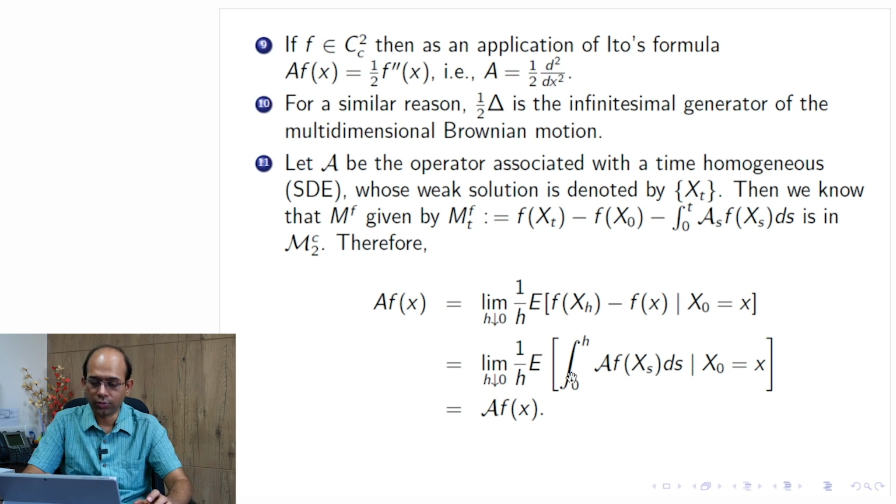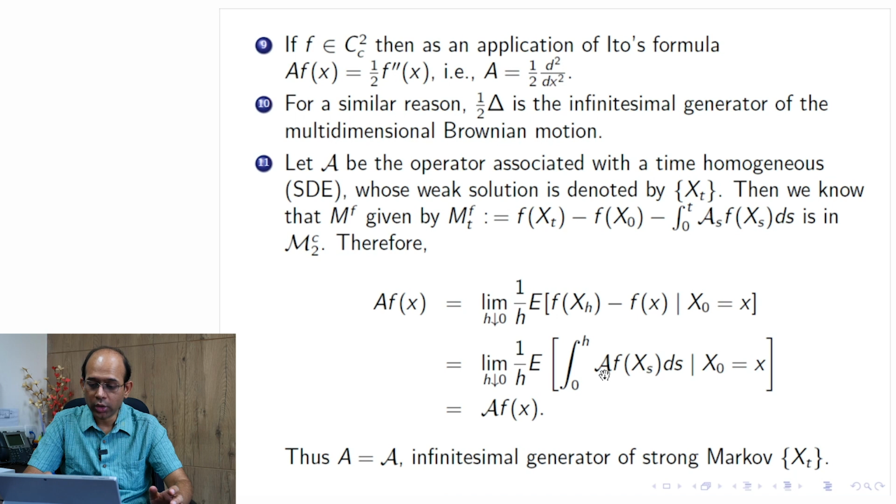Then the limit, as h tends to 0, would be just this integrand with s evaluated at 0. So X_0 is small x, and the answer would be script A f of x. So capital A f of x is equal to script A f of x. So capital A is equal to script A, as long as your small f is a good function.